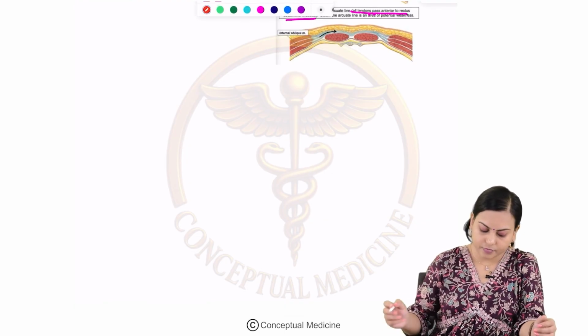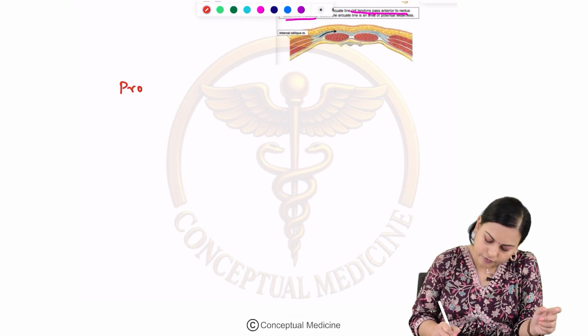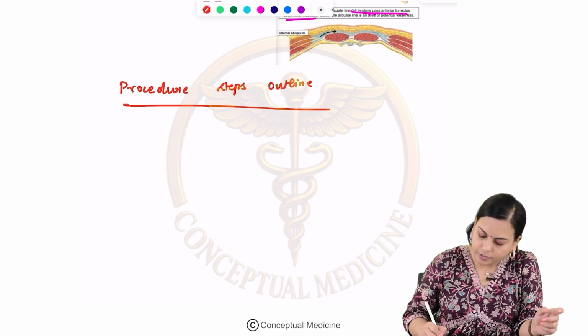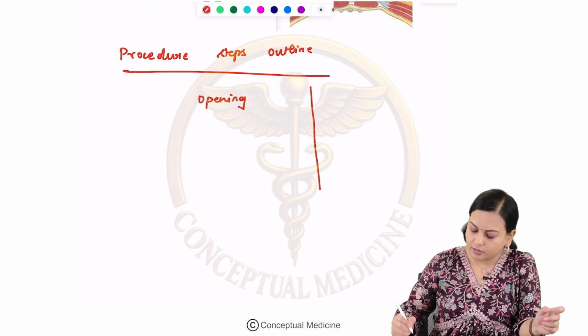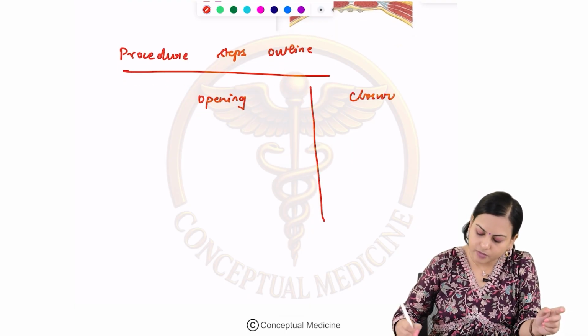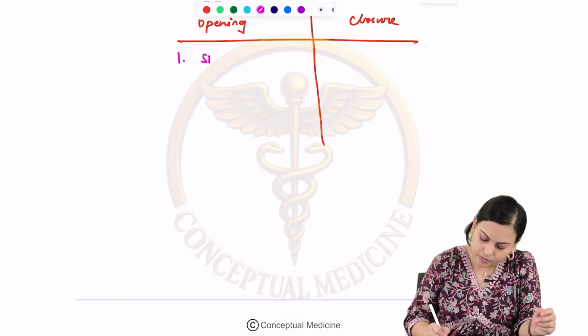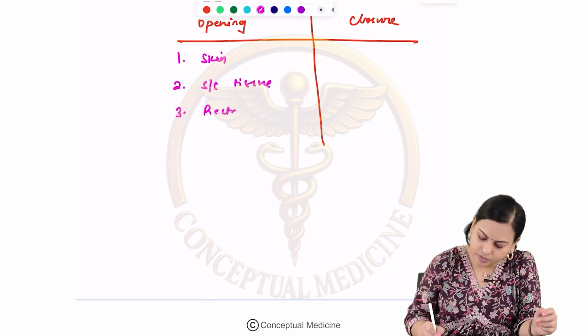Now, let's see the procedure steps outline first. We'll be doing opening of the abdomen and then closure of the abdomen. While opening, we have to open the skin, subcutaneous tissue, and rectus muscle along with its sheath.